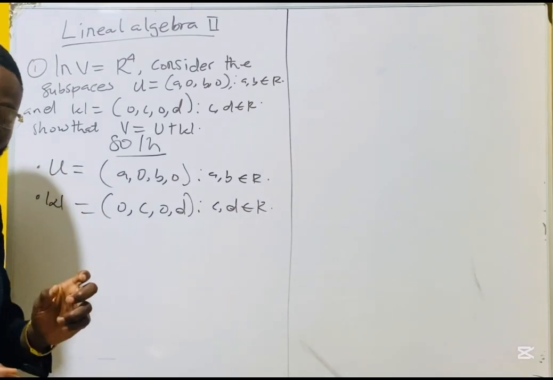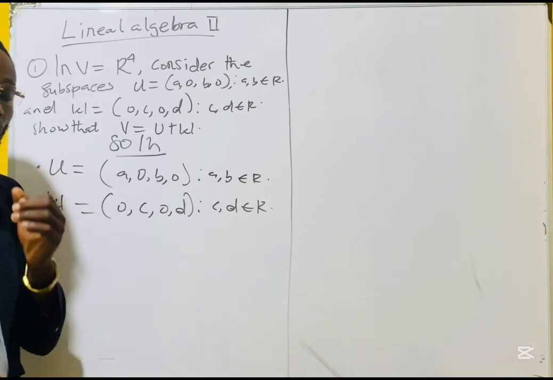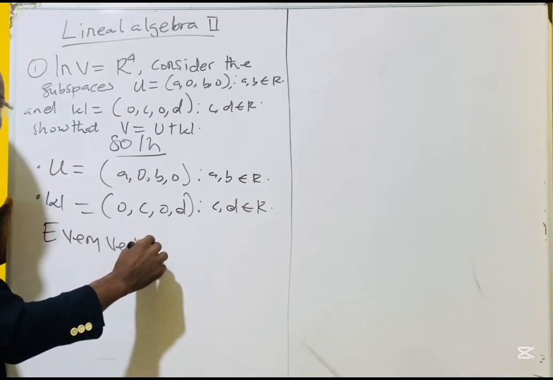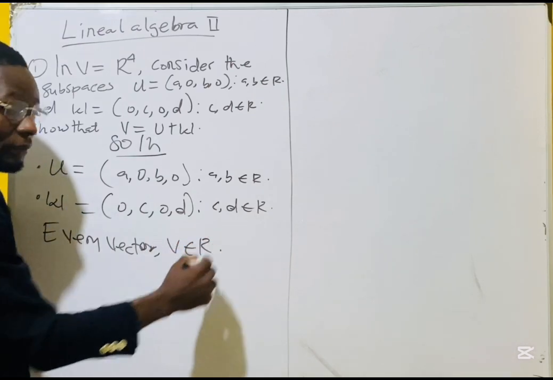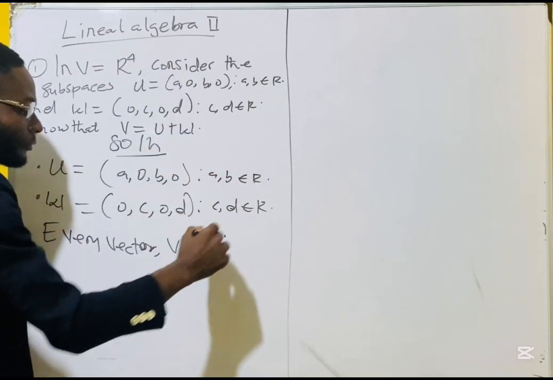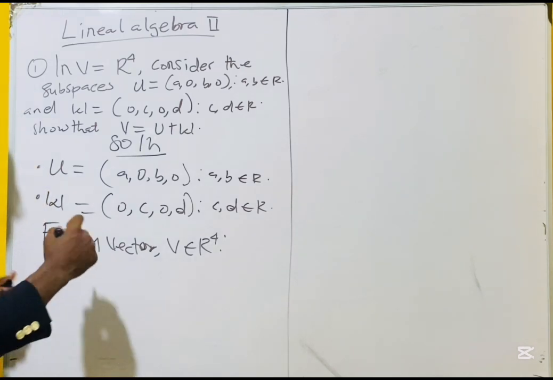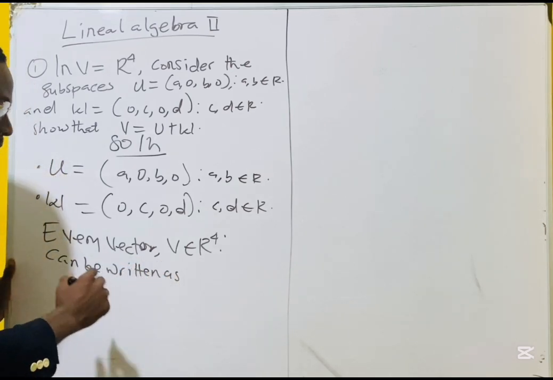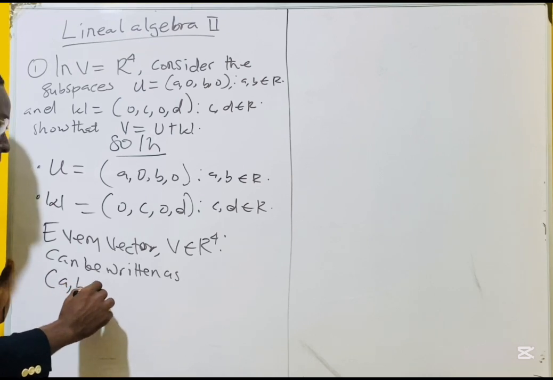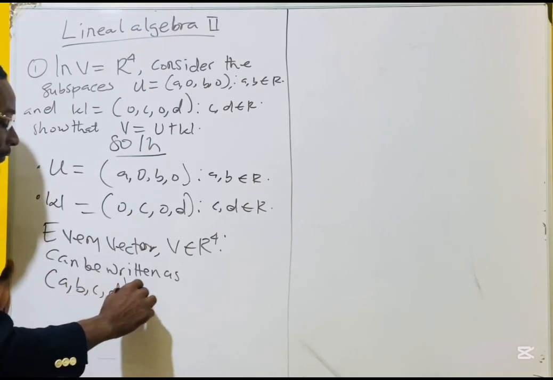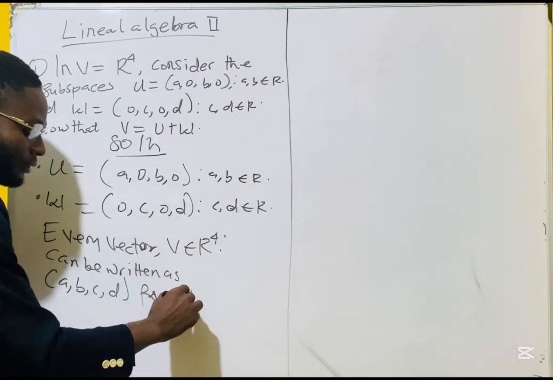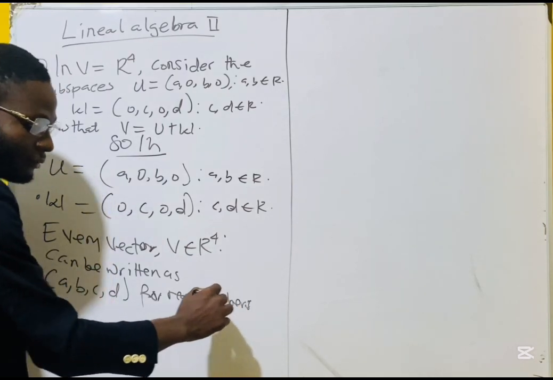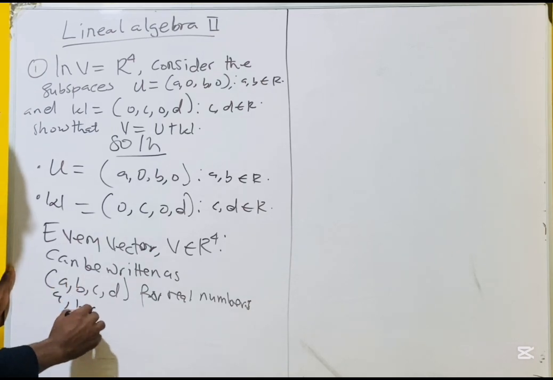Then we can say that every vector V that belongs to the real number system, which is R4, can be written as (a, b, c, d) for real numbers a, b, c, and d.